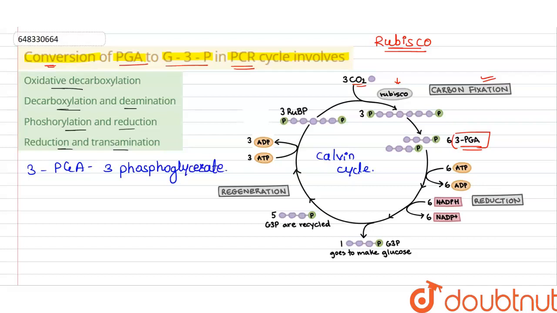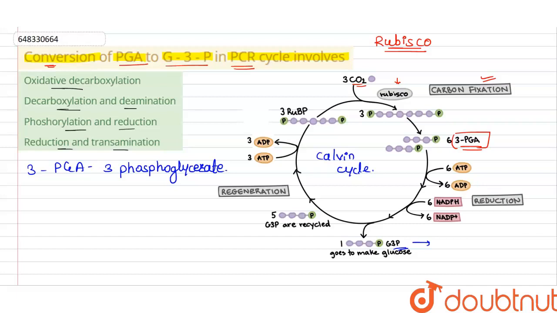And this 3-phosphoglycerate will convert, as you can see, into G3P. Let's have a look at the reaction.